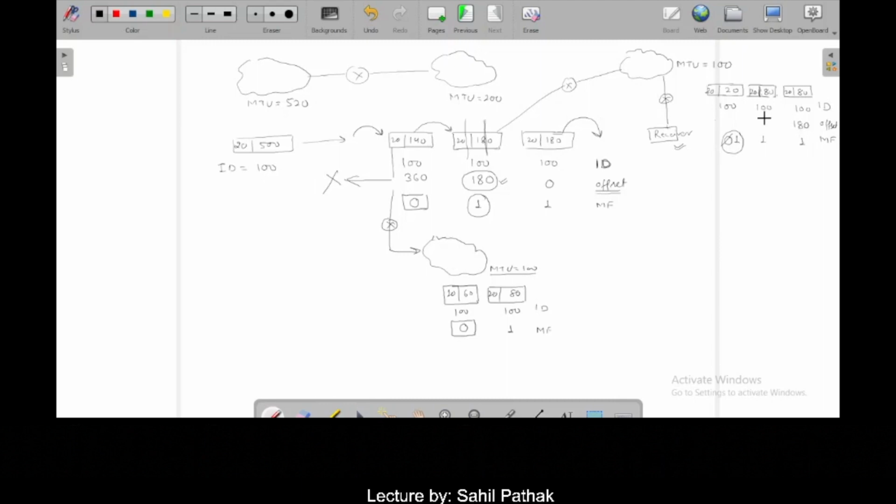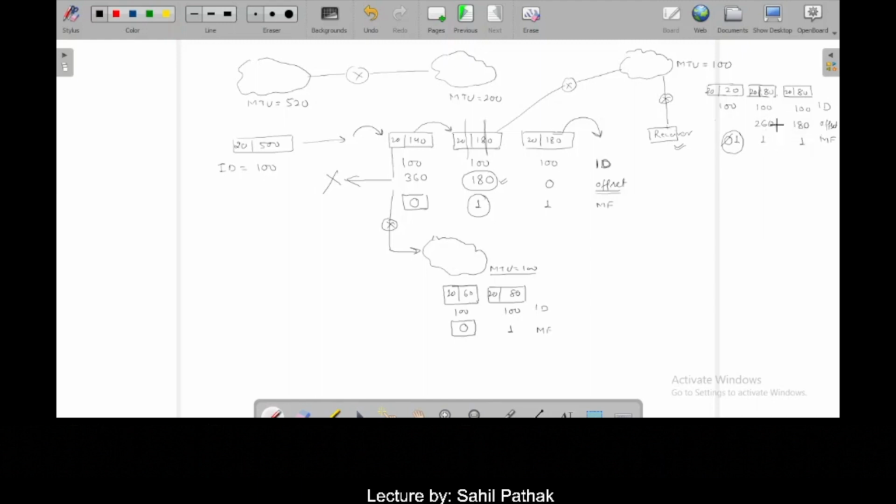180 होगा. And now if you want to calculate the offset value for this, and that would be how many 180 bytes are ahead of this, okay, and then 80 bytes more. Okay, so 180 plus 80 is 260 bytes.